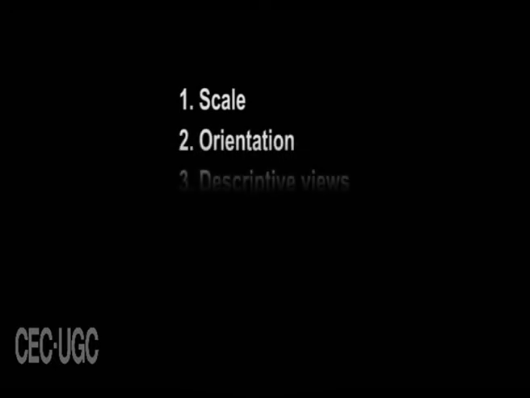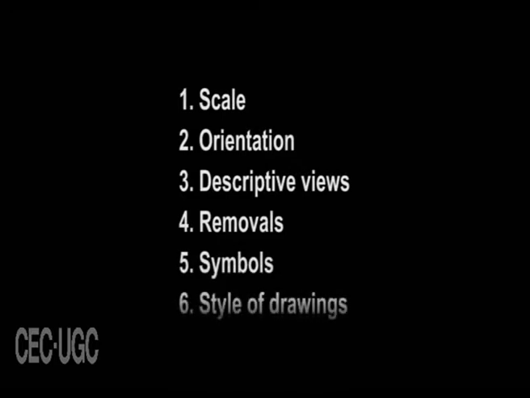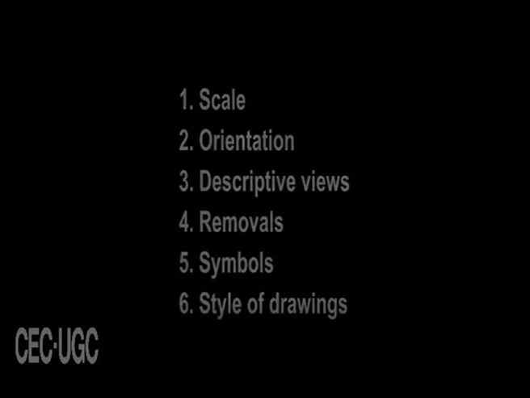They are: number 1, scale; number 2, orientation; number 3, descriptive views; number 4, removals; number 5, symbols; and number 6, style of drawing. After examining all these criteria, the drawing of the given specimen should be assessed.